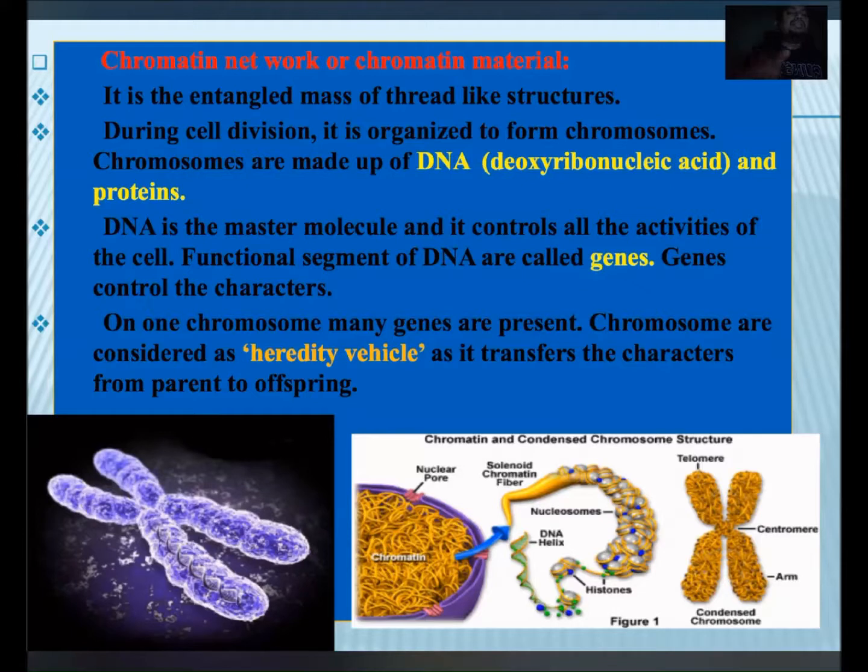It plays a major role in cell division and cell development. The functional segments of DNA are called genes. Double-stranded structure, and the strands of nucleotide have some functional segments, and those functional segments of DNA are called genes, and genes control the character.